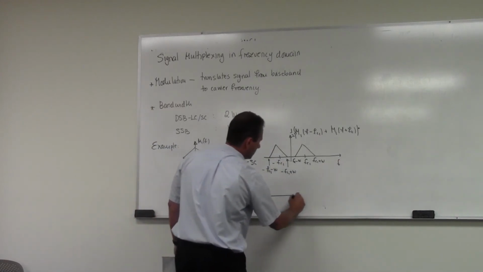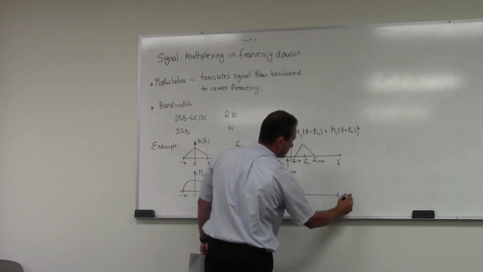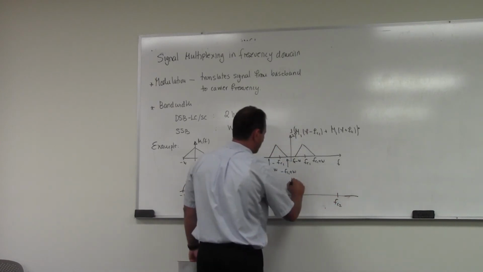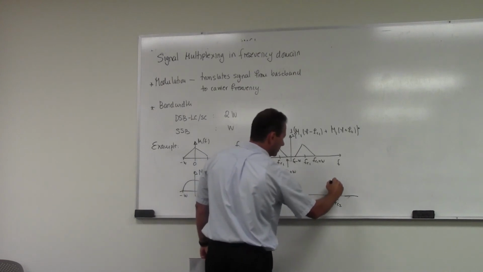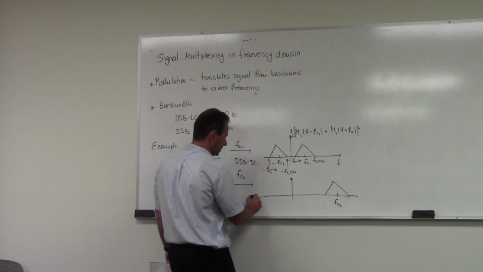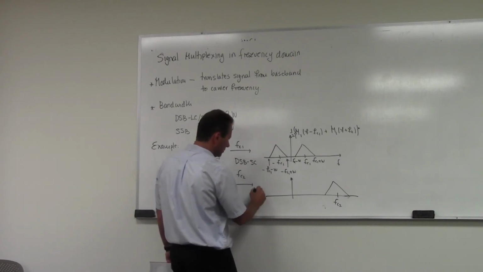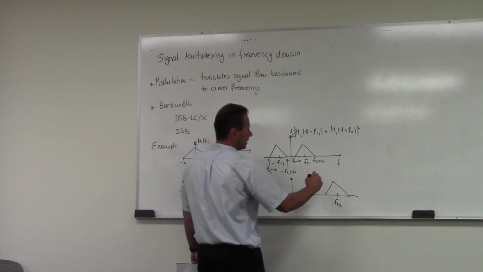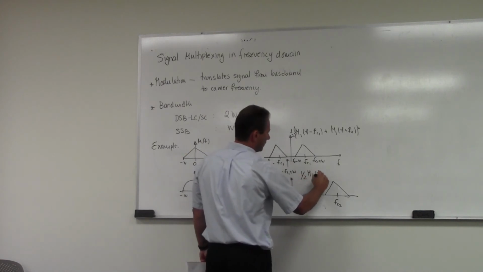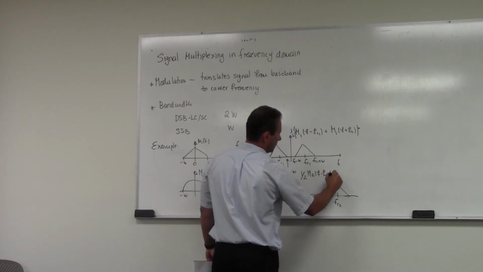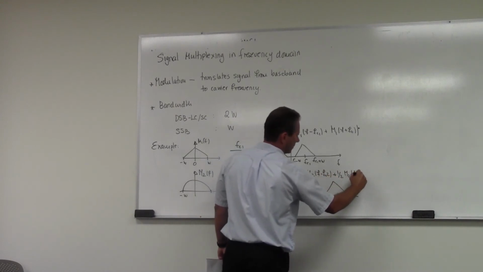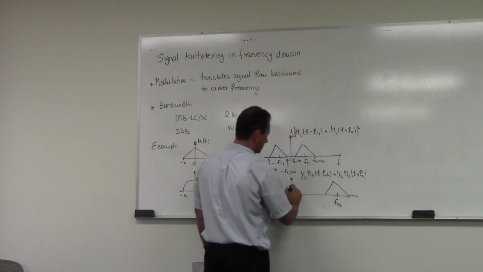This guy here is going to reside in a different portion of the spectrum. Let's say this frequency here is what I call FC2. And I have to economize with the board, so let's say this is the upper portion, and then here somewhere, my FC2, I'm going to have a lower portion. This becomes now 1/2 M2 of F minus FC2 plus 1/2 M2 of F plus FC2, right, this signal.